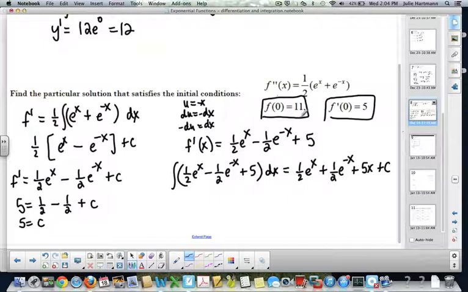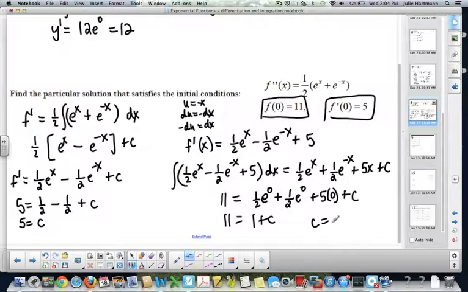f of 0 equals 11, so 11 equals 1/2 e to the 0 plus 1/2 e to the 0 plus 5 times 0 plus c. e to the 0 is 1, so 1/2 plus 1/2 is 1, plus c equals 11. So c equals 10.